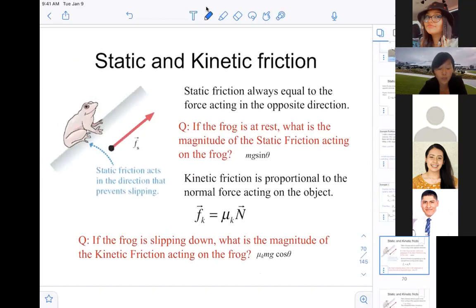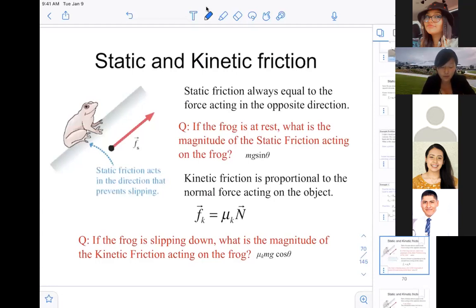So say originally the frog is sitting at rest on the horizontal table, but then as you lift it up, you can see that the surface will have to provide more and more of a static friction to prevent it from sliding down, because the force now trying to act in the opposite direction along the ramp is getting bigger and bigger, right?